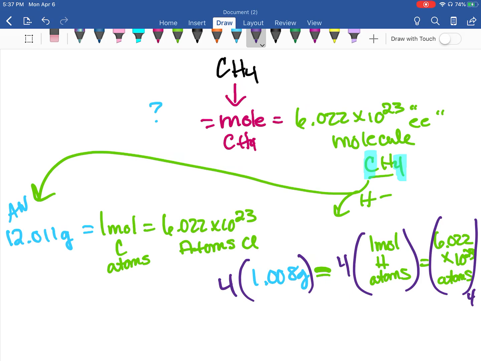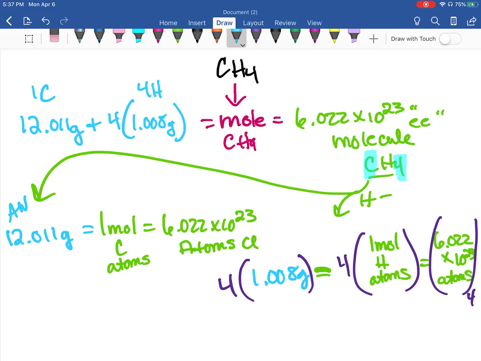So what does that mean? That means, okay, if we want to add up the total in that molecule, that means that we have 1 carbon and 4 hydrogens. In fact, let's just include that down here. So what is that total for methane then?